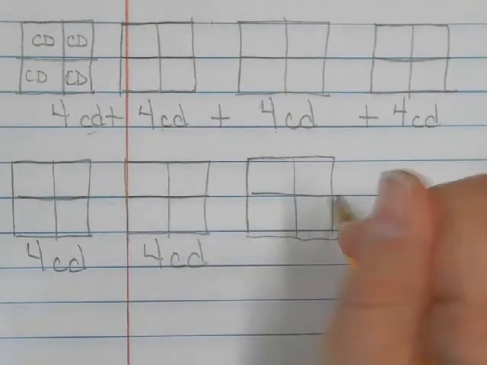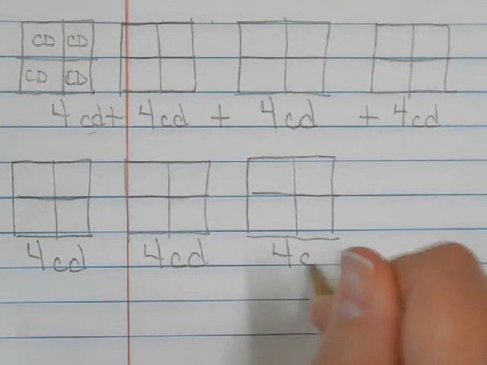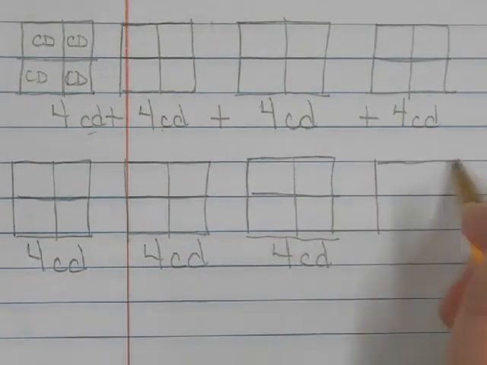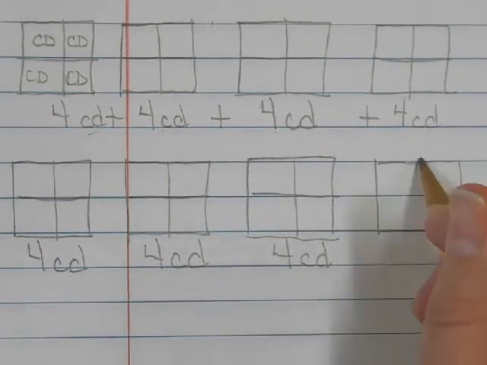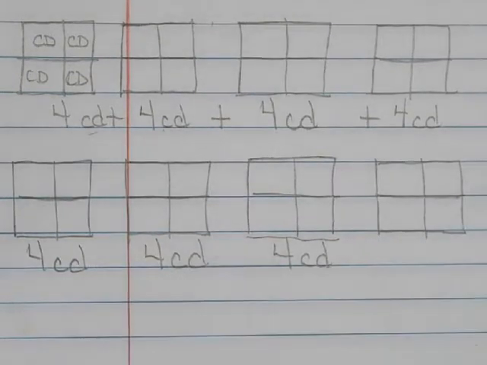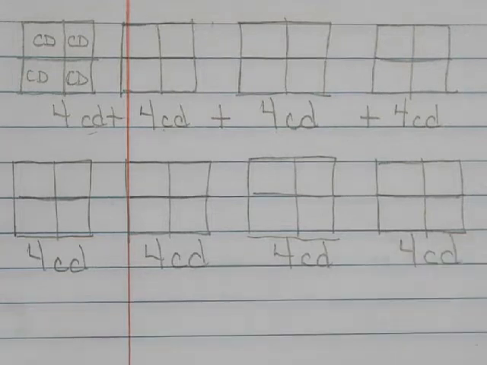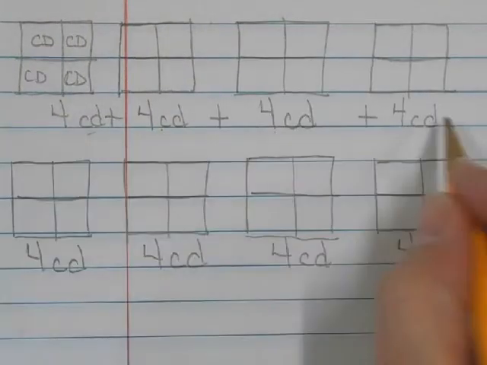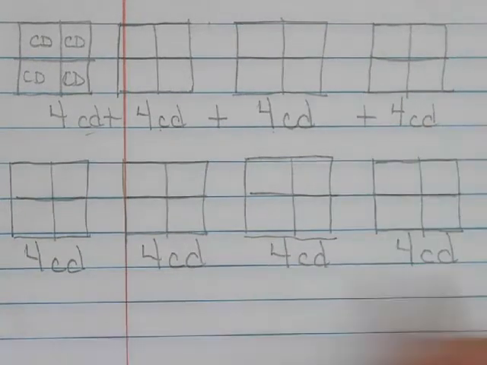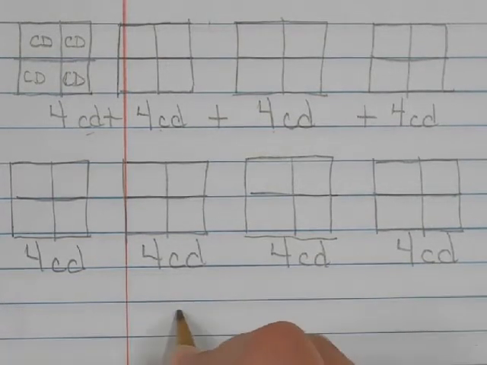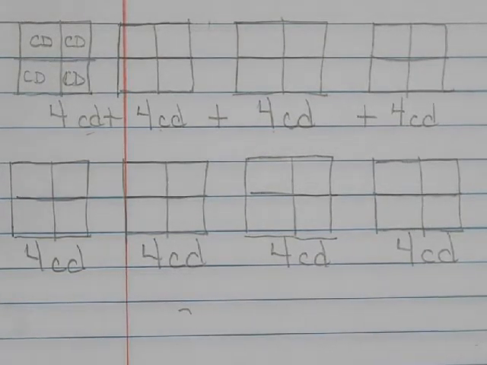Another 4 CDs, now we're at 28. And finally, if we add another 4 CDs, and I'm using my lines to help me partition it neatly, another 4 CDs would be 32. So I have 4 groups of 4 and 4 groups of 4 again, which makes your 8 groups of 4, and that would be 16 and 16, so 16 and 16 makes your 32.